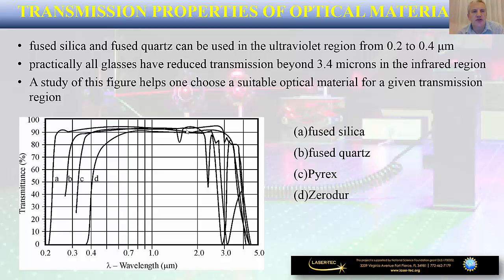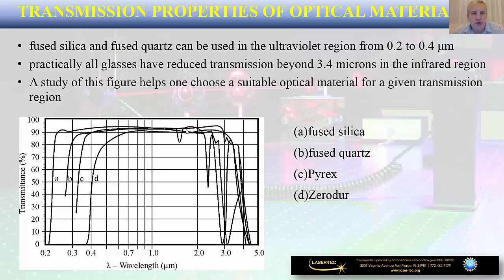We also have a whole bunch of different glasses that have reduced transmission beyond 3.4 microns in the infrared region, etc. So we can identify a whole bunch of different types of materials. We mentioned fused silica and fused quartz. We also have Pyrex, we have Zerodur, etc.